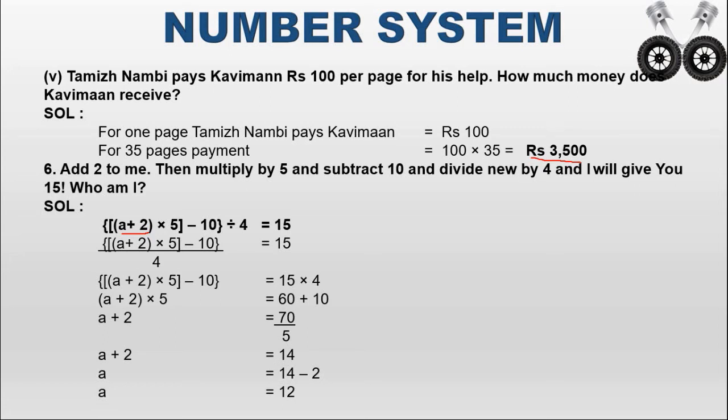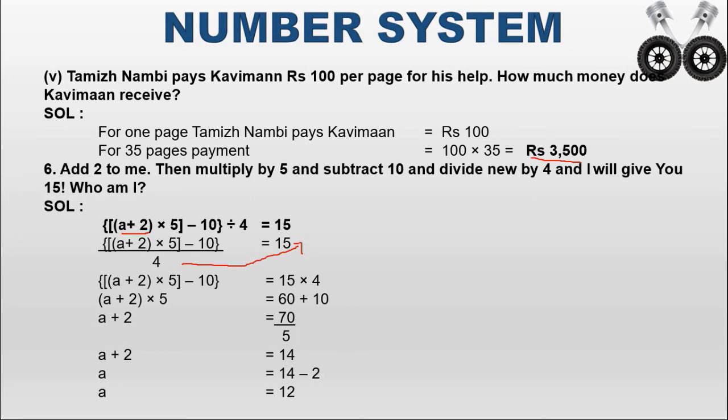Now I have to find the value of a. Here the bracket is divided by 4, which is in the denominator. On the LHS, any value in the denominator, when it goes to the RHS, goes to the numerator. So here it is division; when it goes to the RHS, it is multiplication.